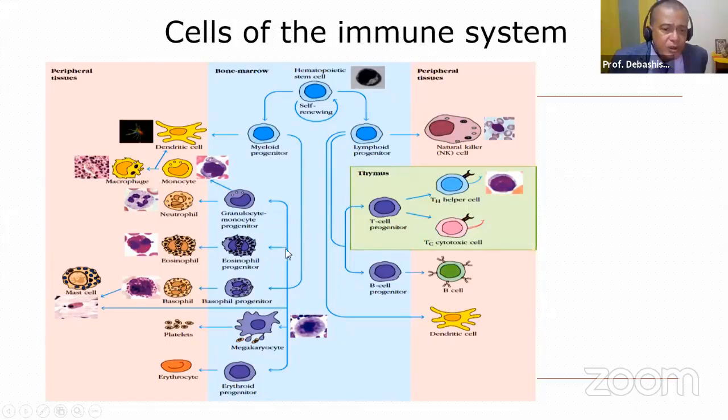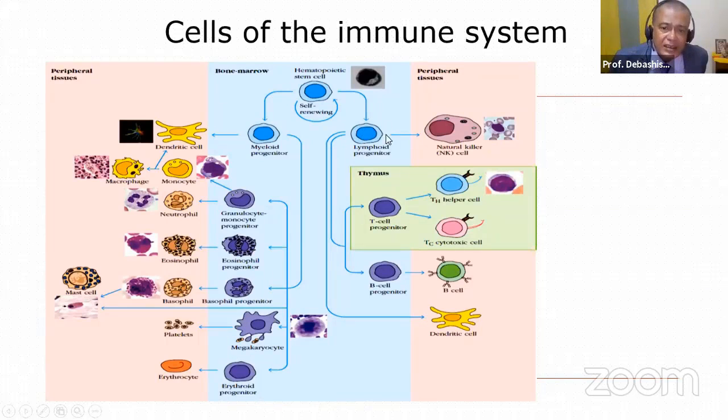Also they grow into granulocyte monocyte progenitors, developing into the monocyte macrophage lineage or neutrophils, or they become eosinophilic progenitor cells and grow into eosinophils. They become basophil progenitors growing into basophils and mast cells, and they are also precursors of megakaryocytes and erythroid progenitors growing into erythrocytes and platelets.